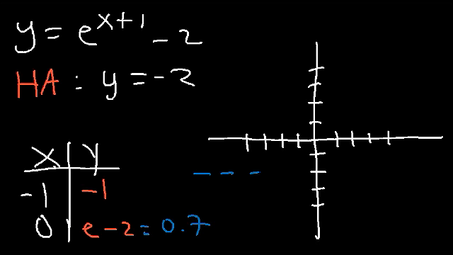So this is where the horizontal asymptote is, at negative 2. And we have the points negative 1, and 0.7, which is around here. So the graph is going to start from the x-axis, and then it's going to increase in that direction.